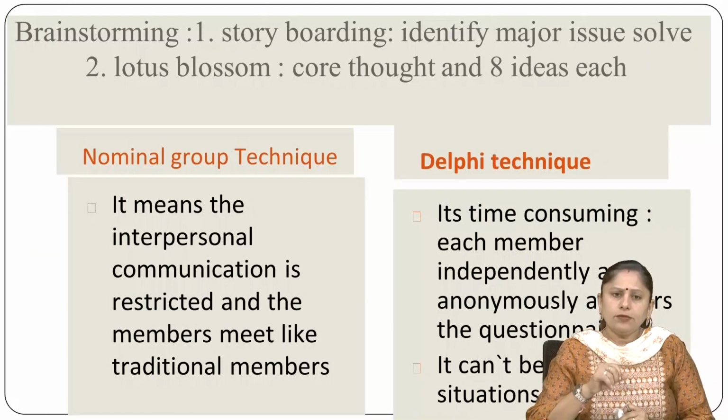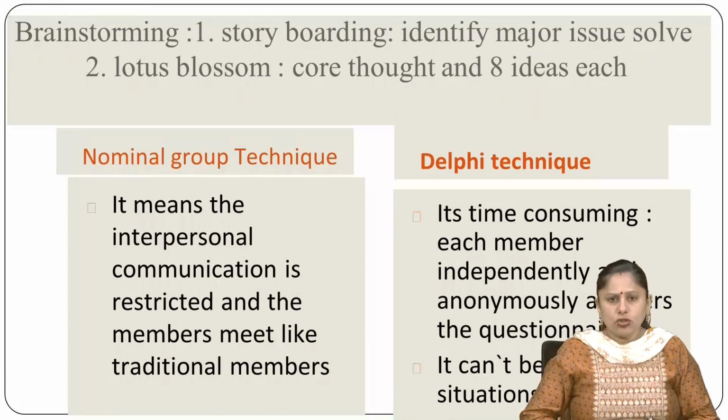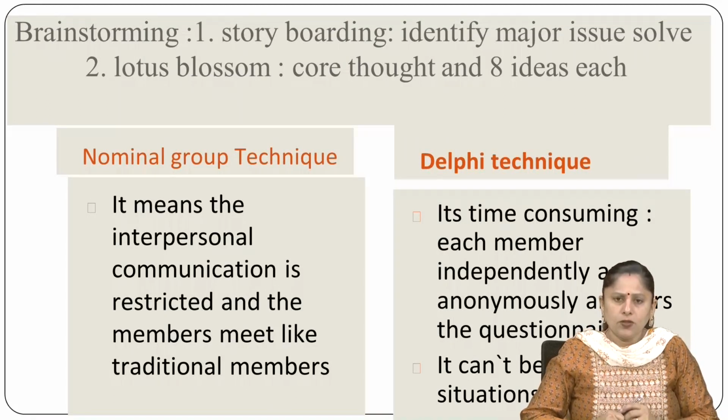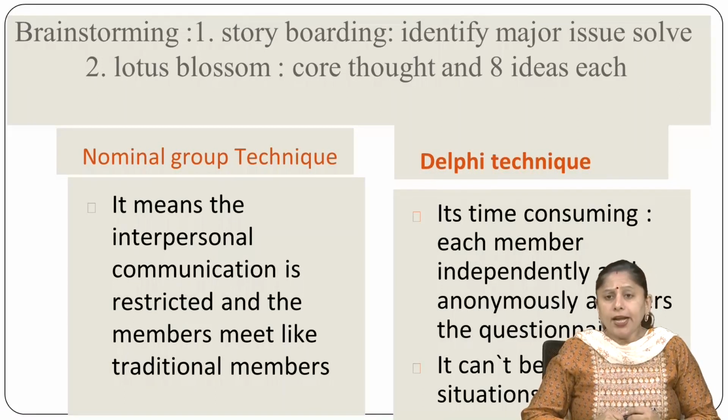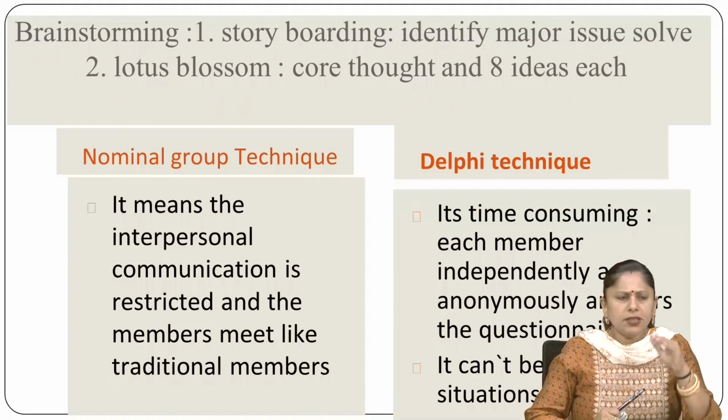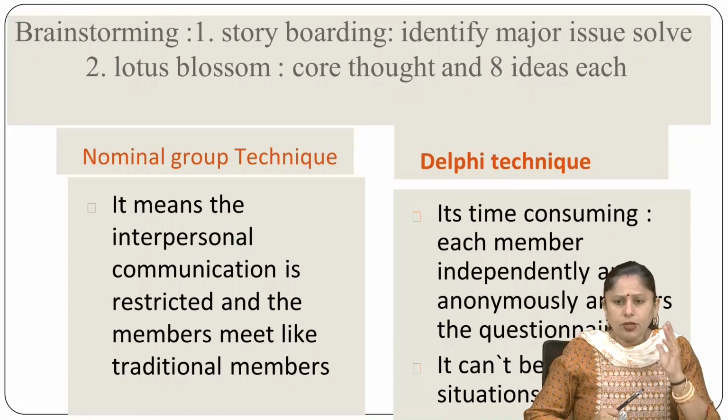Look, first of all, let us discuss what is brainstorming. There are two points in brainstorming group discussion. One is storyboarding and another is lotus blossom technique. Storyboarding deals with identifying major issues and solving them. For example, there are two or three problems in front of you.